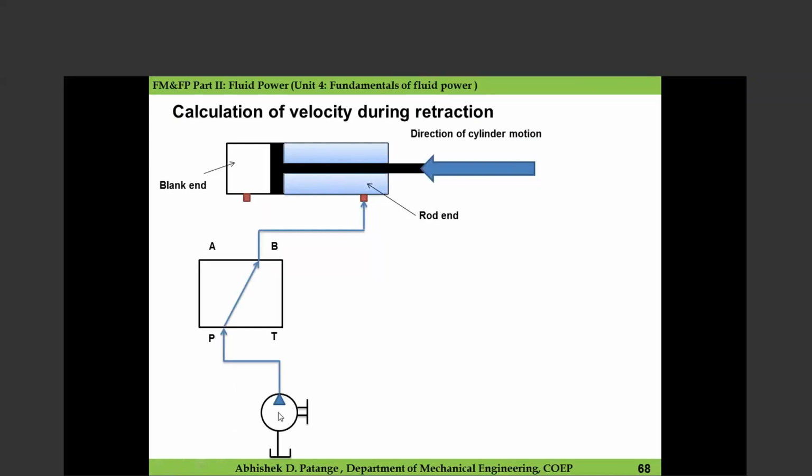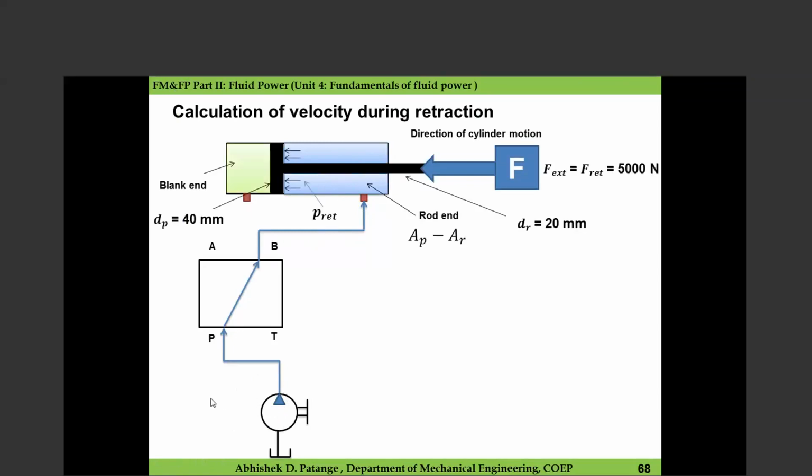The liquid coming from the pump is being added in the cylinder from the rod end, so the rod end area must be considered along with the discharge of the pump. So let us try to establish the relationship between this velocity, discharge and the area.